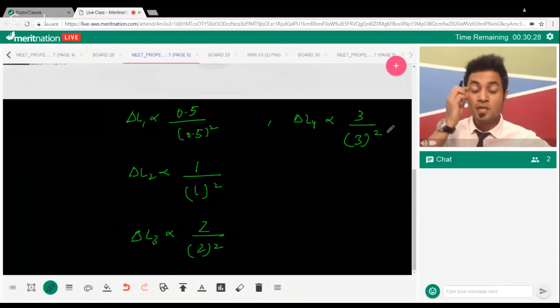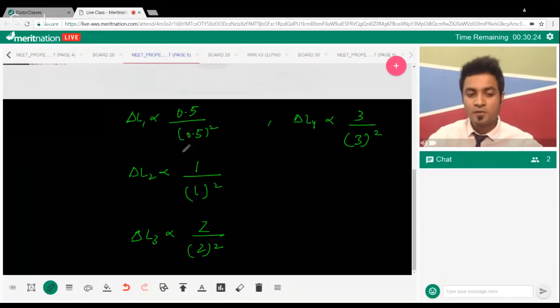So what is happening, guys? Which quantity is getting big? If you're solving it, this is almost coming to 1 by 2, and it was coming out as 2 only.